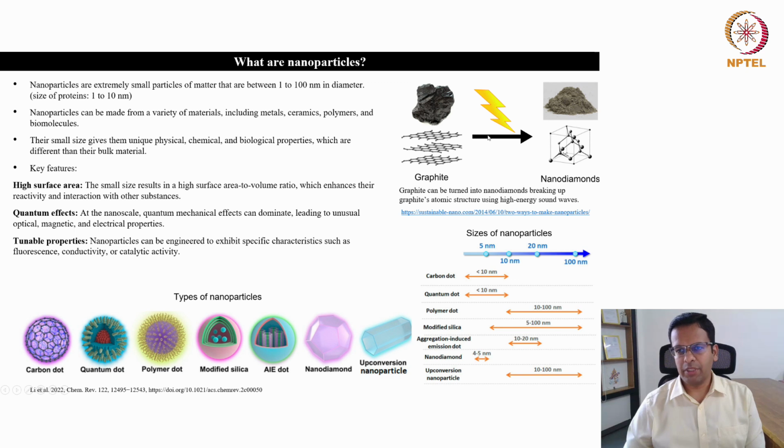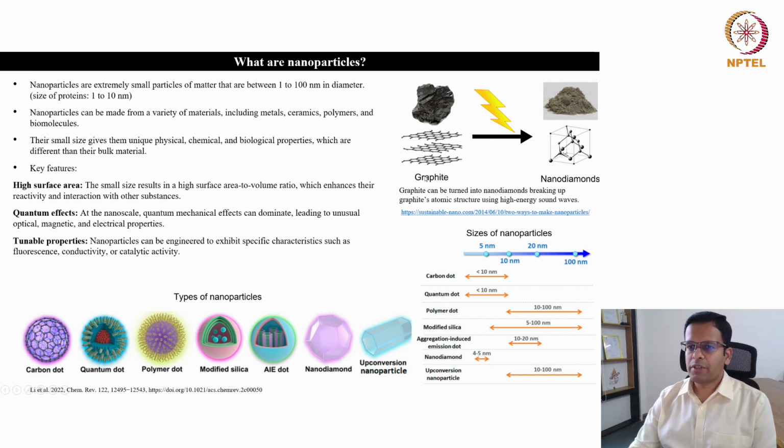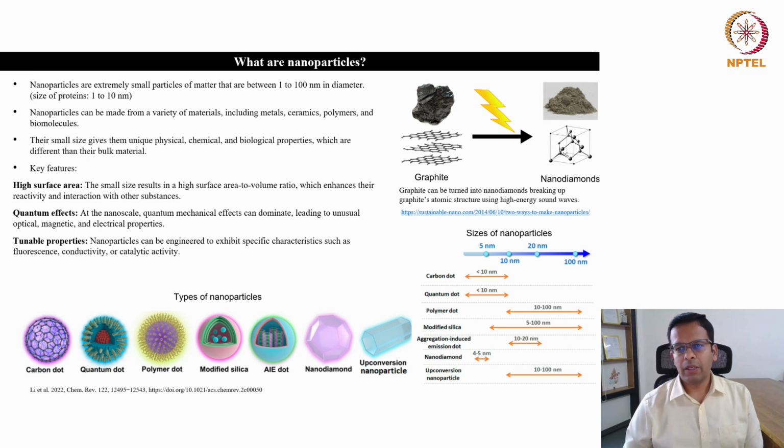So here I have given one example: graphite. Most of you must know what graphite is. We use pencils which are made from graphite. Graphite can be turned into nanodiamonds by breaking up graphite's atomic structure using high energy sound waves. So you make smaller particles from this graphite, and those are known as nanodiamonds, and these particles have a size in the range of 1 to 100 nanometer in diameter.